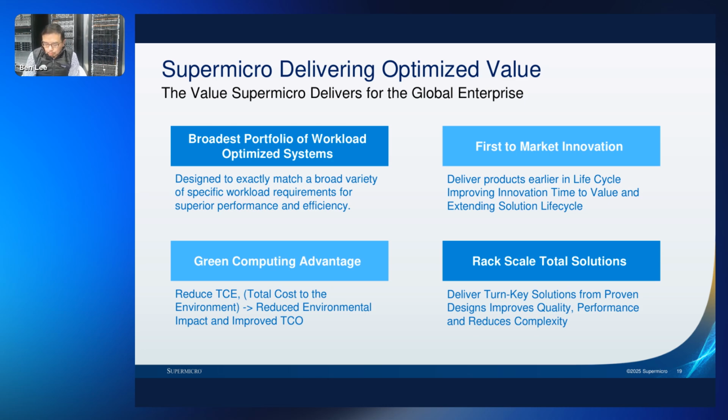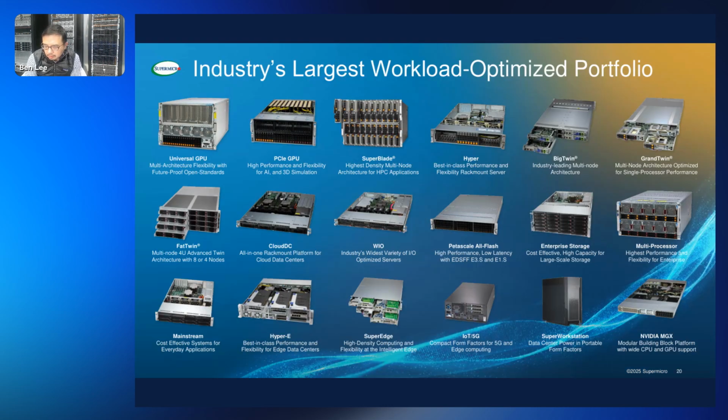Okay, so now let me take a look at what I'm really proud of. We have the largest product portfolio in the industry, and every product is designed for a specific workload.